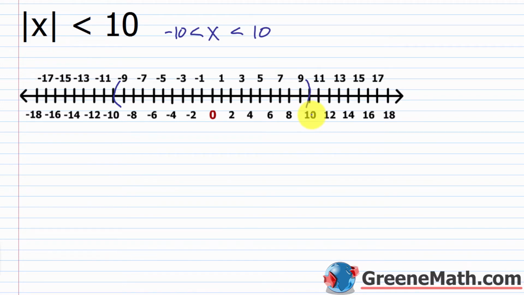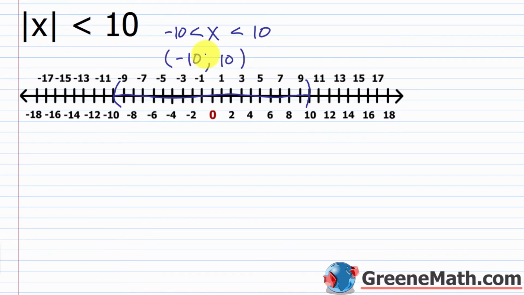Again, anything that's 10 or larger won't work because the distance from 0 is 10 or more, and we want less than 10. So then we want all the values in between here. Again, x can be larger than -10 or less than 10. So in interval notation, I would just simply write a -10, comma 10 with a parenthesis next to each.